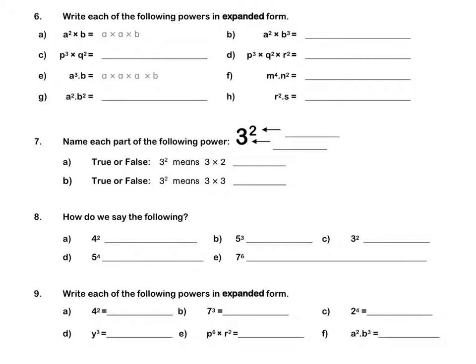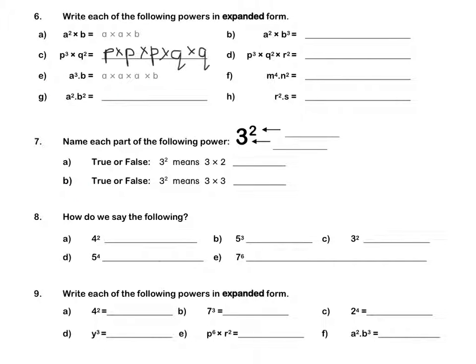Question 6. Write each of the following powers in expanded form. A squared times b in expanded form is as follows. Let's look at C. p cubed is like that, multiplied by q squared.